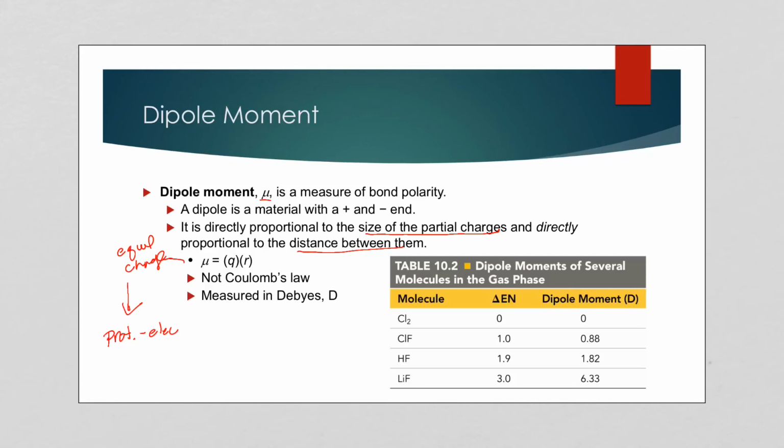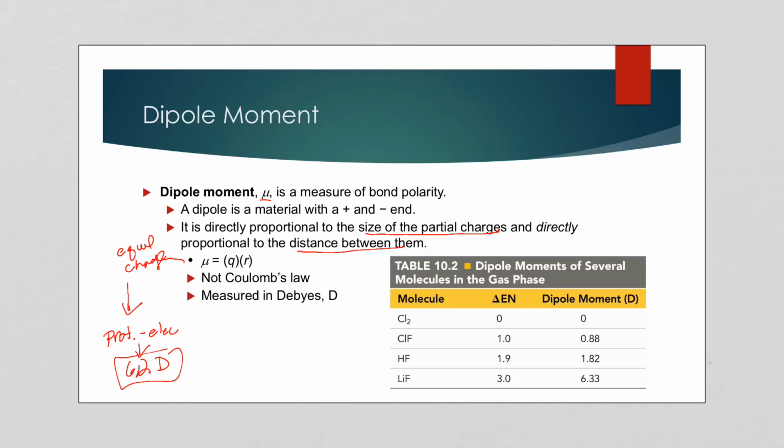The book uses 130 picometers. That's, I want to say, a normal length covalent bond, a little bit shorter, but it's a nice good number. And ultimately what they get is a value of 6.2 for the dipole moment. And this is used as an ideal ionic bond, where we get complete transfer of the electron from one to the other. So we'll see how this is used in a second.